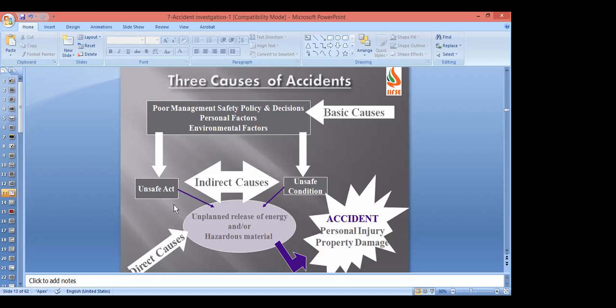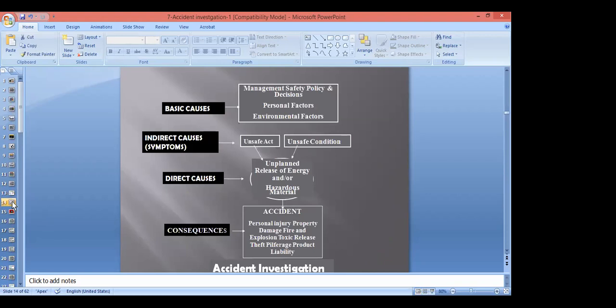Actions in the sense people's actions, whoever is acting, will be unsafe actions, which lead to unplanned release of energy or hazardous material, which is an unsafe condition. These are the direct causes which result in personal injury or property damage, which result in accidents.